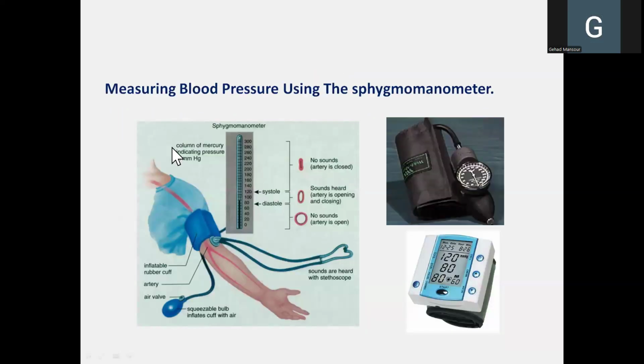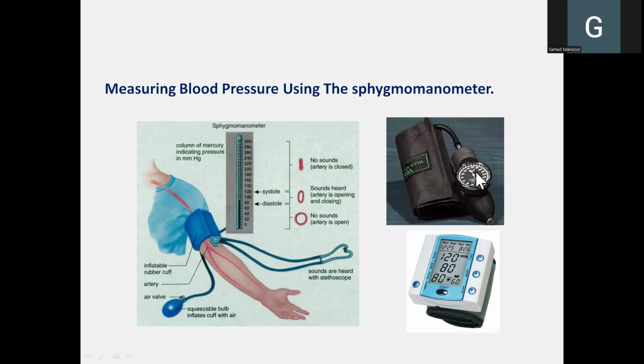The device that we use for measuring the blood pressure is called the sphygmomanometer. Here you have several types of sphygmomanometers. You have a digital apparatus, which is the less accurate because it needs recalibration every now and then. It needs readjustment with the mercury sphygmomanometer, because the mercury sphygmomanometer is the most accurate.